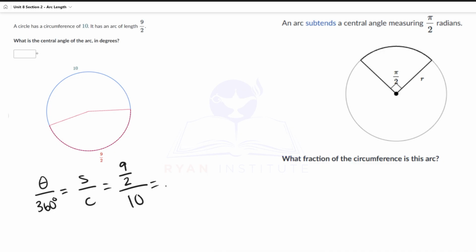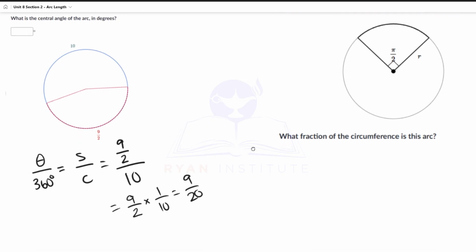We are going to make this equal to, in fact, we're going to bring this down. This is going to be 9.5 times 1/10, equal to 9 over 20. To get theta by itself, right here, we need to multiply 360 degrees on each side.